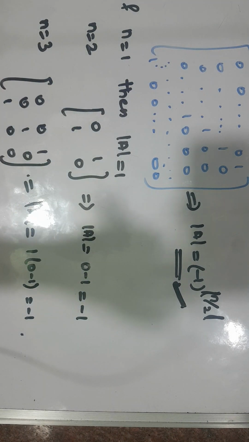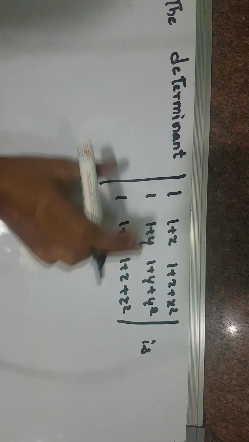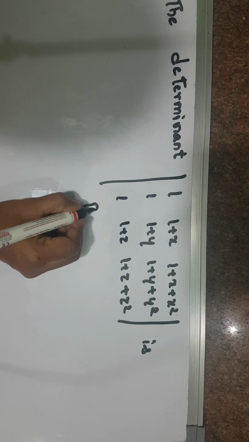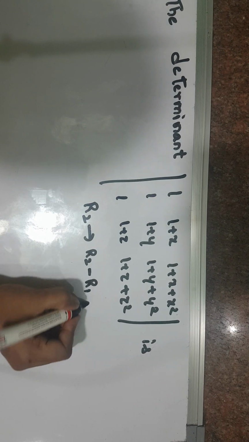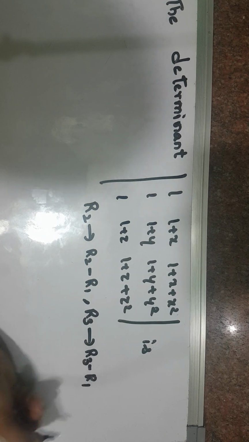Coming to the other question, we have to find the determinant of this value. First do the elementary operation method, means R2 implies R2 minus R1, and R3 implies R3 minus R1.